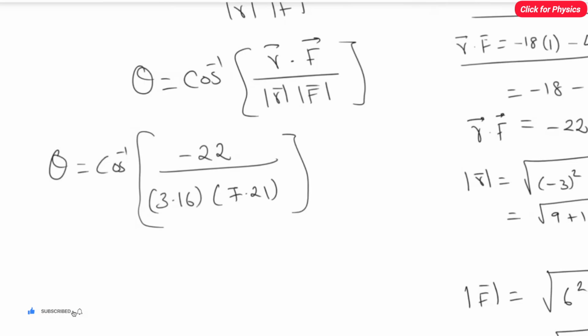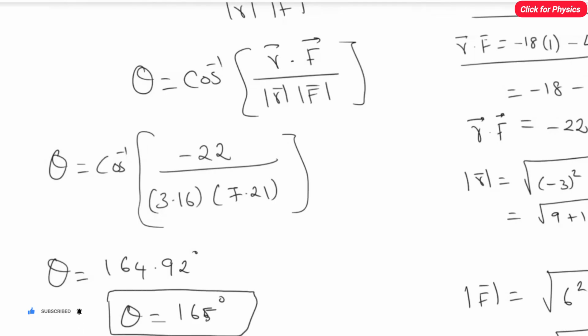So let's see the answer: cosine inverse of minus 22 divided by 3.16 multiplied by 7.21. Here I got the answer as 164.92, so theta here is 164.92 degree. If we round this, we can write theta as 165 degree. So this is the answer for part B.